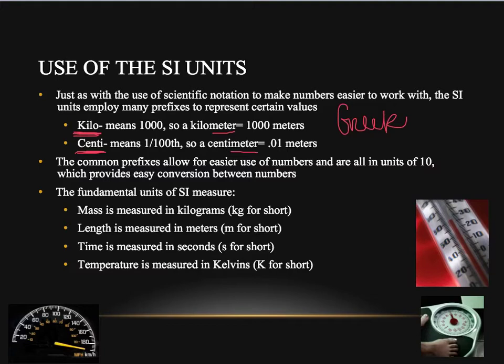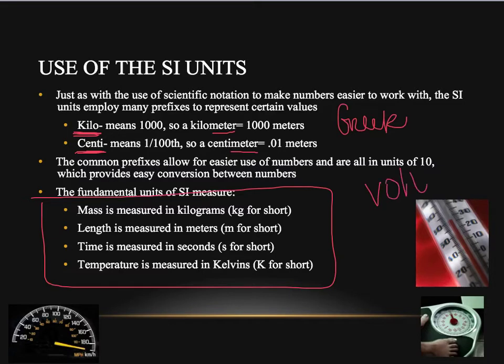So when we measure anything in science, these are the ones that we will most often use in chemistry, although actually there's one missing here. Volume isn't on there, which I'll add. But the ones we will most often use is mass. The SI unit for mass is kilograms. The SI unit for length is meters.